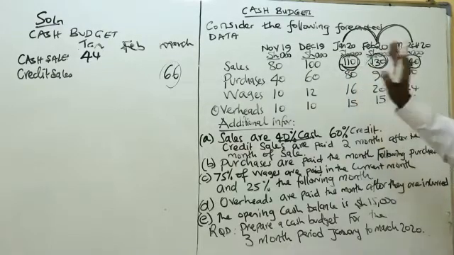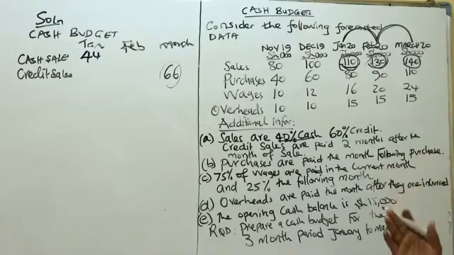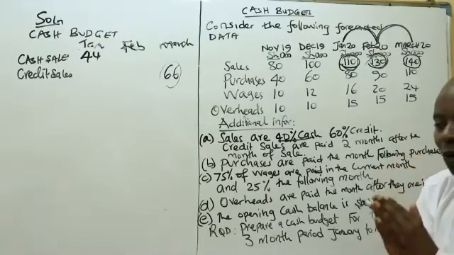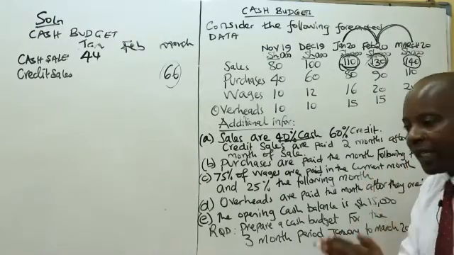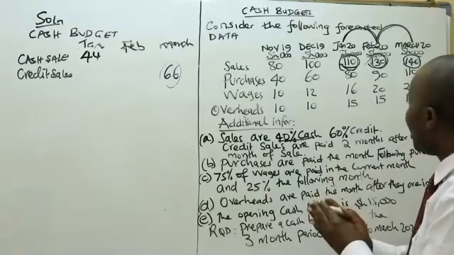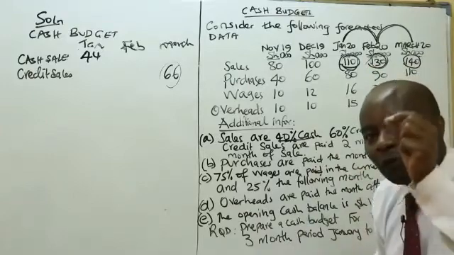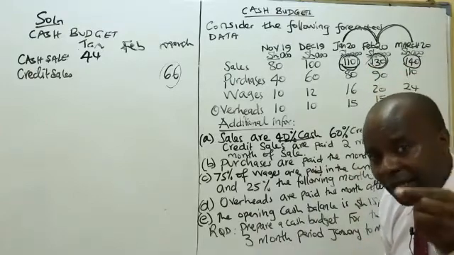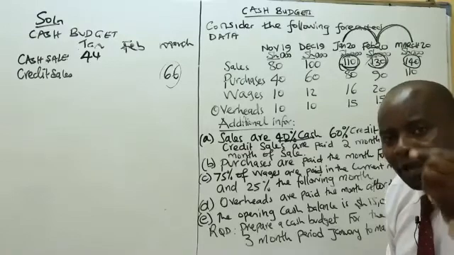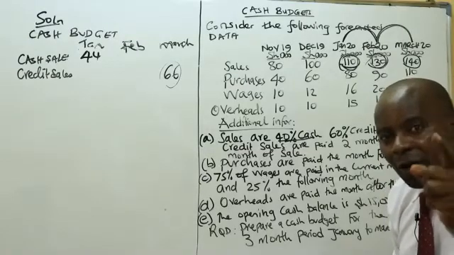Okay, now we are in the month of February. So I want to account for the month of February. February sales were 130. Out of these 130, we are told that 40% is a cash sale. So 40% of 130 is 52.